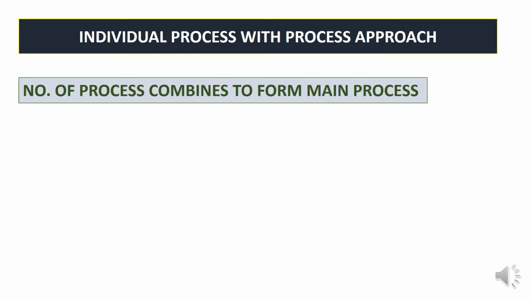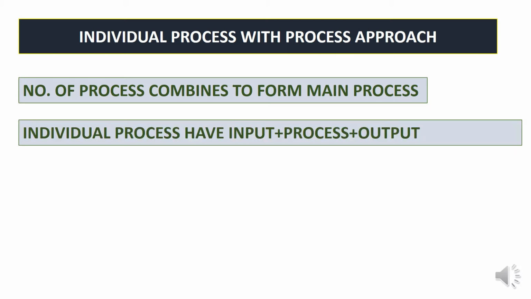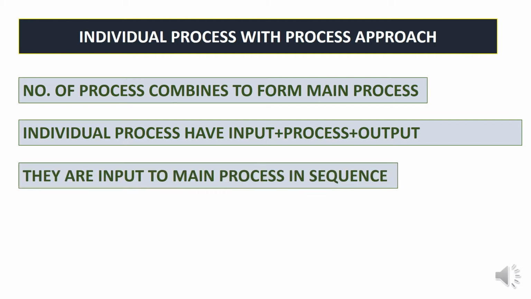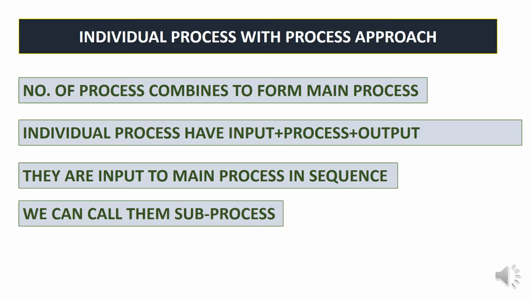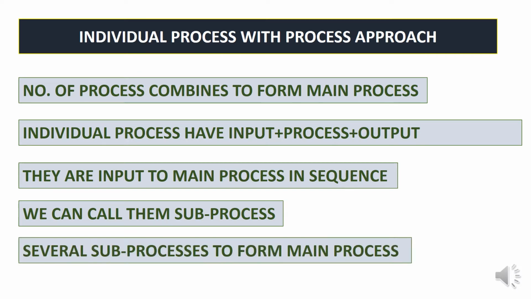Now, a number of small processes combine to form the main process, or individual processes combine to form the main process. Every individual process has input, process, and output. These small processes are all input to the main process in sequence and interlinking. We can call them sub-processes. Several sub-processes form the main process.